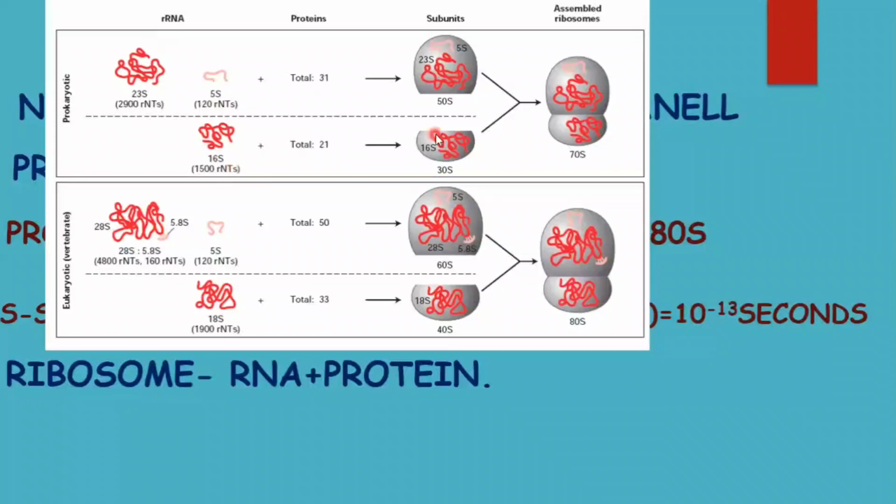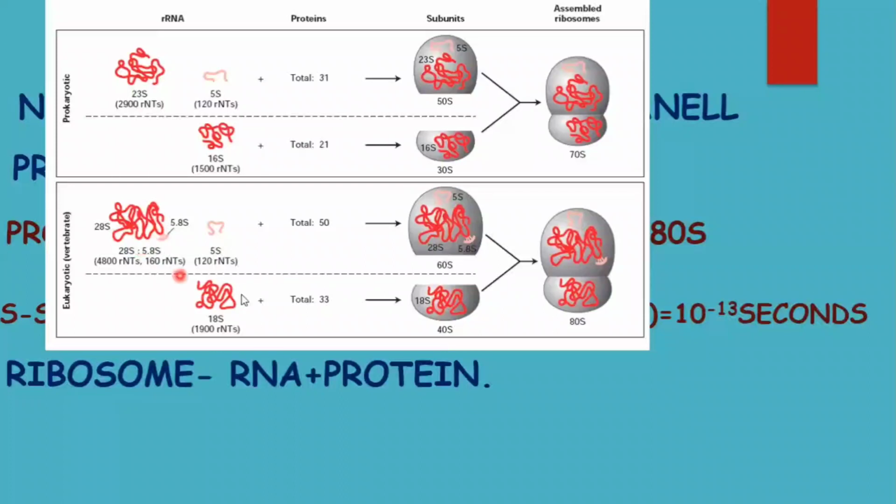So they combine at the time of protein synthesis. If you look at a eukaryotic cell, in them we have the 80S ribosome. The 80S ribosome has two units, the larger one is 60S and the smaller one is 40S. Again, I told you it's not a mathematical addition. The 40S has 33 proteins and 18S rRNA, while the 60S has 50 proteins, 5S rRNA, 5.8S rRNA, and 28S rRNA.